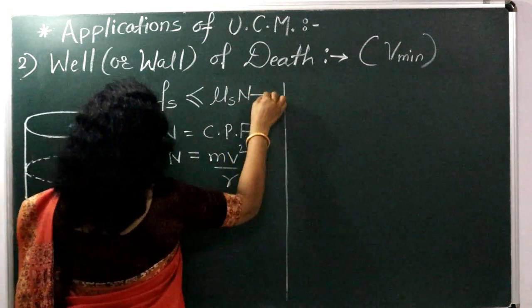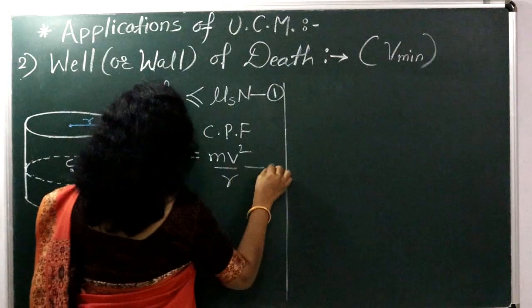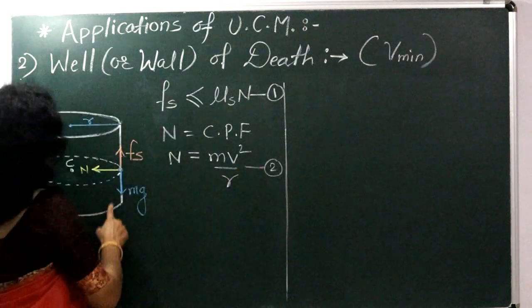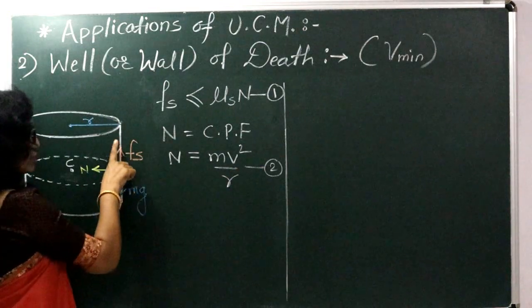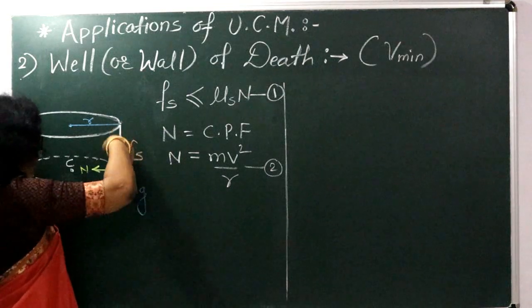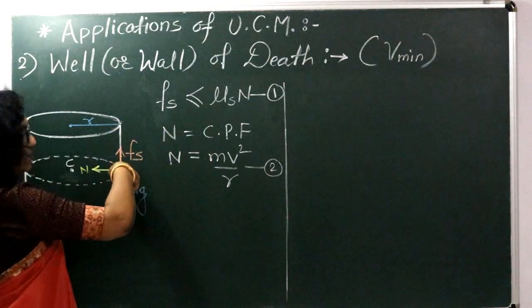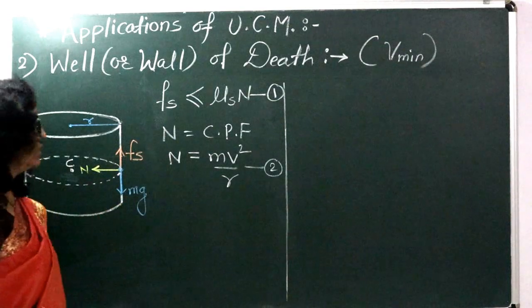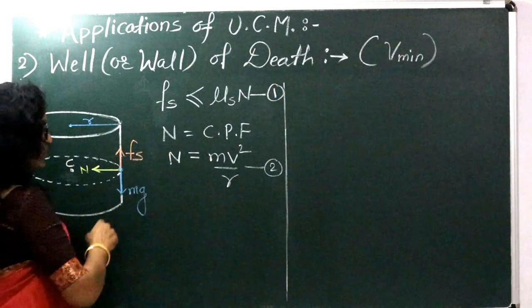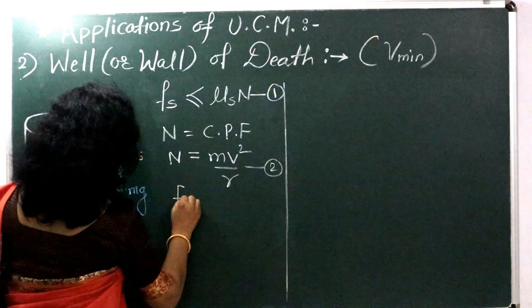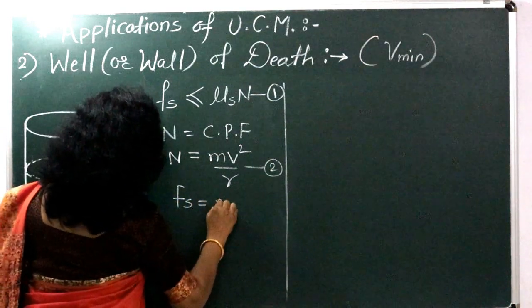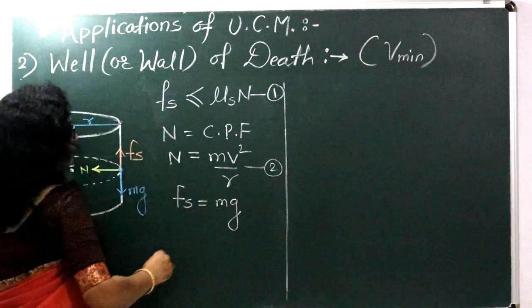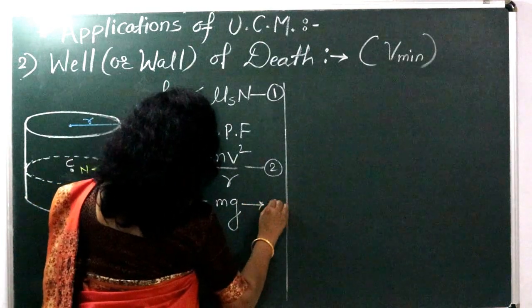This is equation first, this is equation second. From the figure, the force of static friction which is vertically upward and the weight mg which is vertically downward balance each other, having the same magnitude and opposite direction, that is Fs equals mg. That is equation number 3.